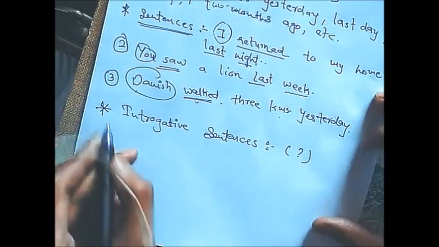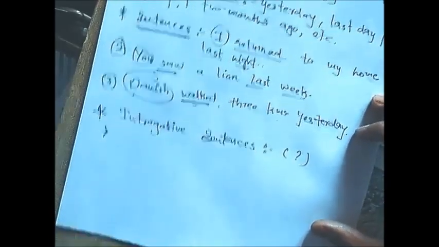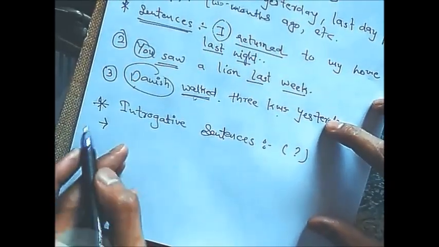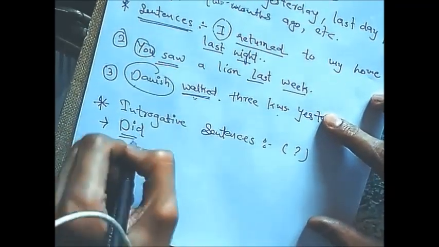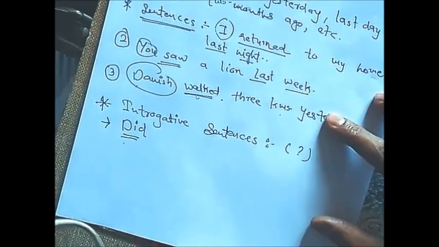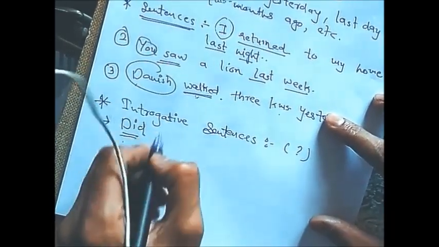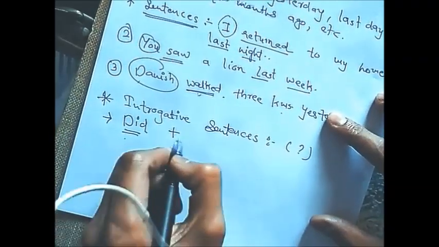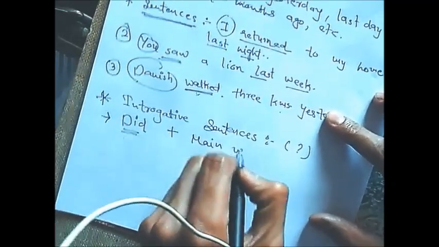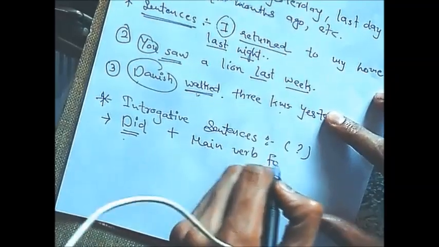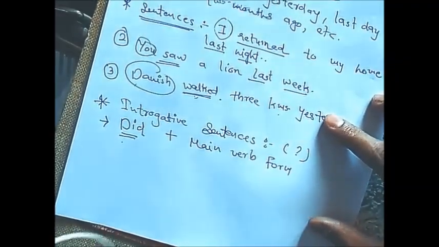In order to make any interrogative sentence in past tense, here you have to use did. Only this you have to use, did, and whenever you use did, do write the main verb form.